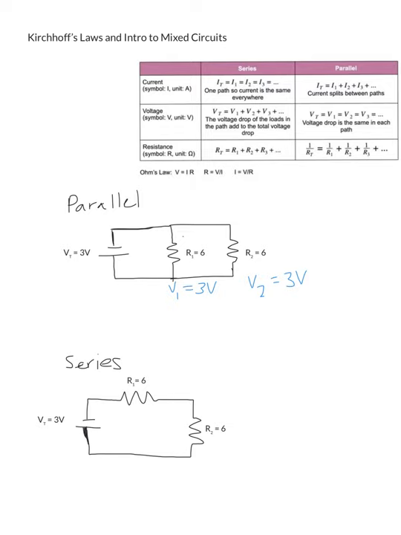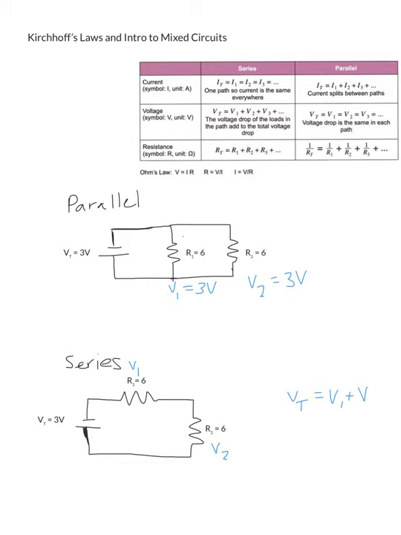In series, though, because there's only one path and the electrons are going through both resistors, it's not going to lose 3 volts at this one and then 0 volts here. It'll lose some voltage here and a little bit more here, so the total voltage lost between V1 and V2 will be equal to the total voltage, which is 3.